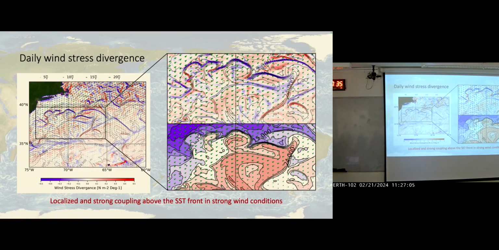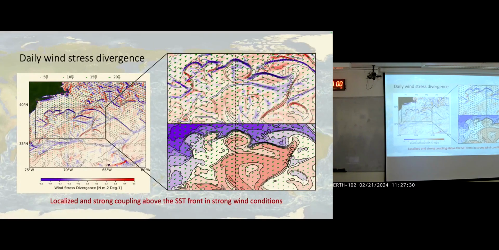It's about 10 degrees in 20 kilometers in some locations. And here I'm showing the wind stress divergence. So as we expect, we get negative values. Here the wind is going from warm to cold, so we get convergence. So that's what we expect from theory.